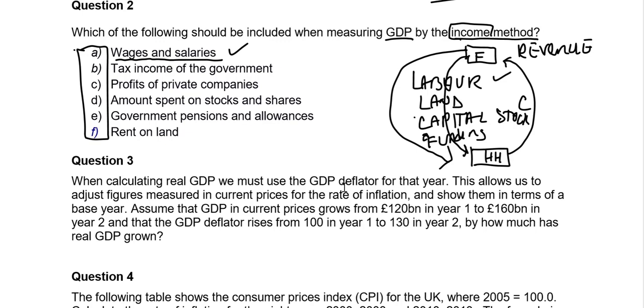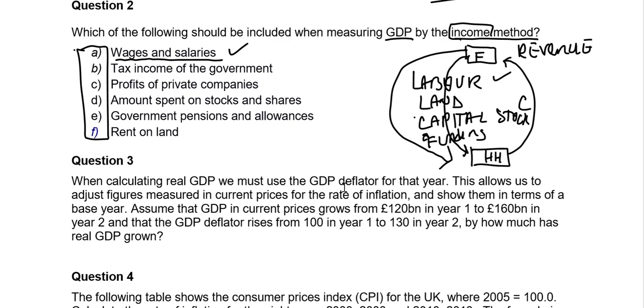Tax income of the government. No, the government is not providing anything to the firms for the firms to pay the government an income. So there is no income. Tax is just part of the income that has been generated by firms, paid to government for nothing.